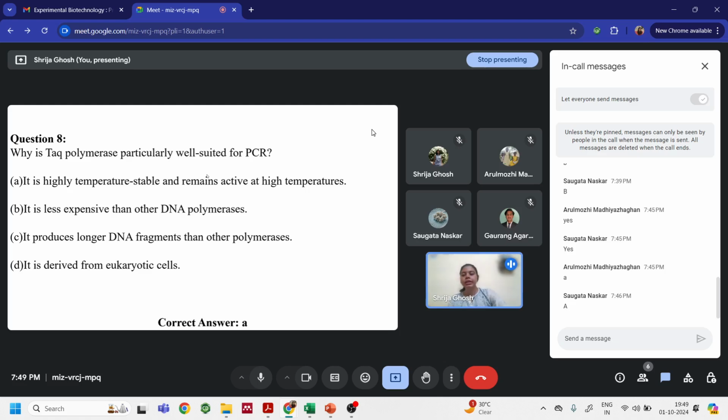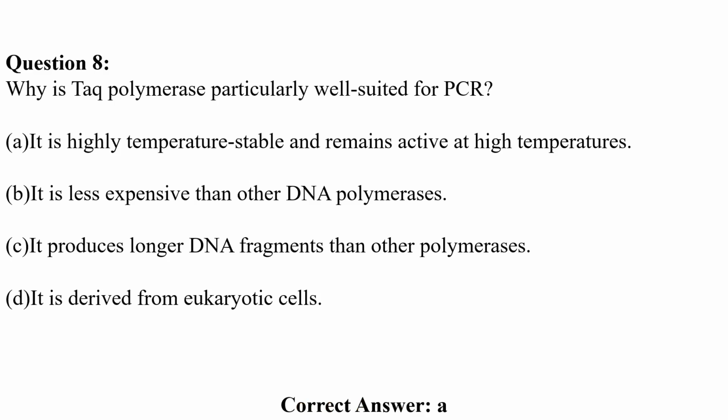So that is why we use Taq polymerase, because it is highly temperature stable and remains active at higher temperatures. So we don't have to add the polymerase again and again when we are heating the DNA. The enzyme is not going to get denatured. I hope that's clear to everyone.